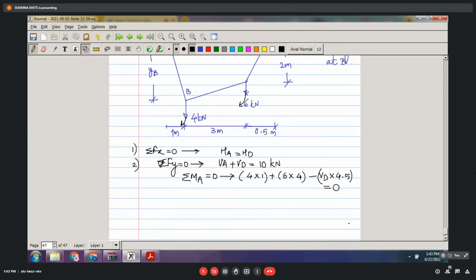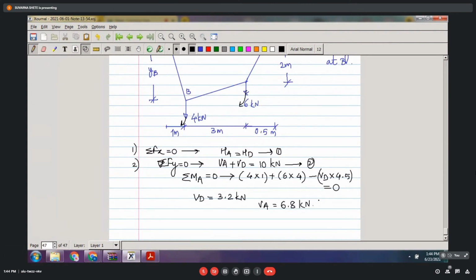Can you tell me what value you are getting for VD? Ma'am, 3.2. 3.2 kilonewton. Putting this value in equation number, suppose I call this 2 and this 1. So what will we get by putting in 2? 6.8. Yes.